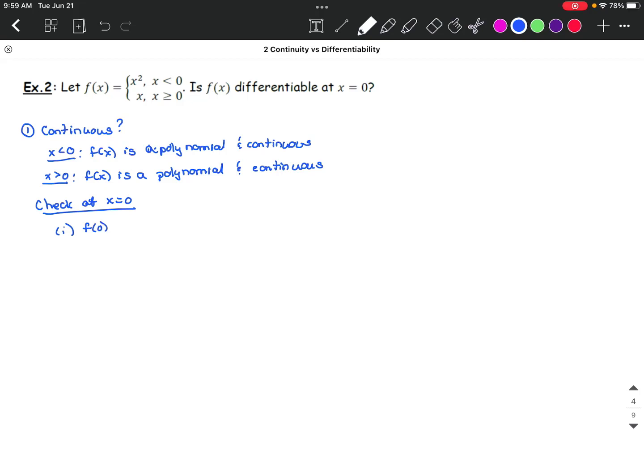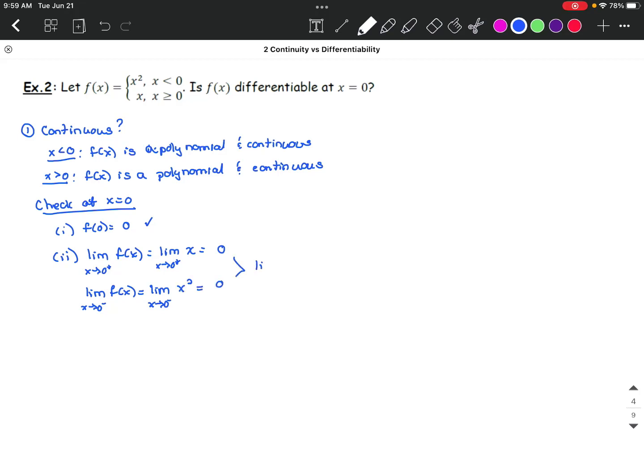So we do. One, f of 0 is just 0, so the function exists. Two, the limit as x approaches 0 from the right of f of x. If we are to the right, then we're on the bottom piece of the function. We do substitution, we get 0. The limit as x approaches 0 from the left of f of x: we are on the top piece of the function now, so that's x squared, and 0 squared is 0.